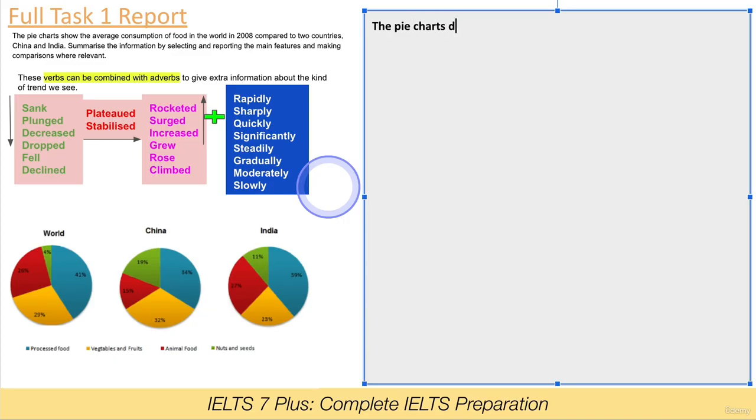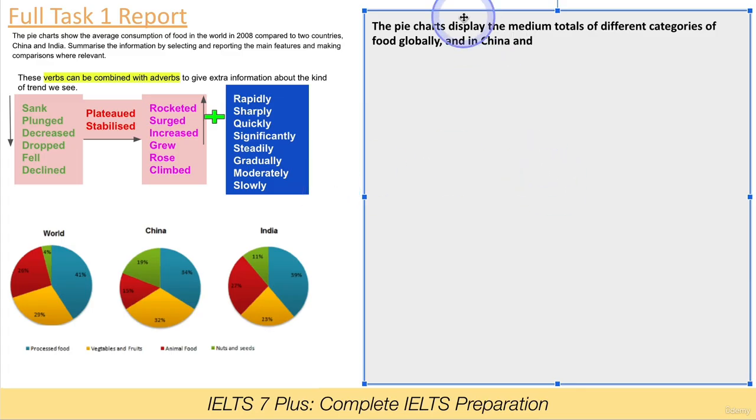So we could say the pie charts display the medium totals of different categories of food globally and in China and India in 2008.